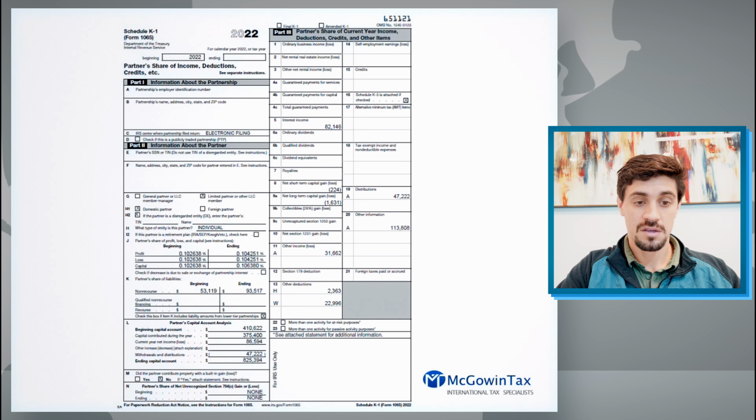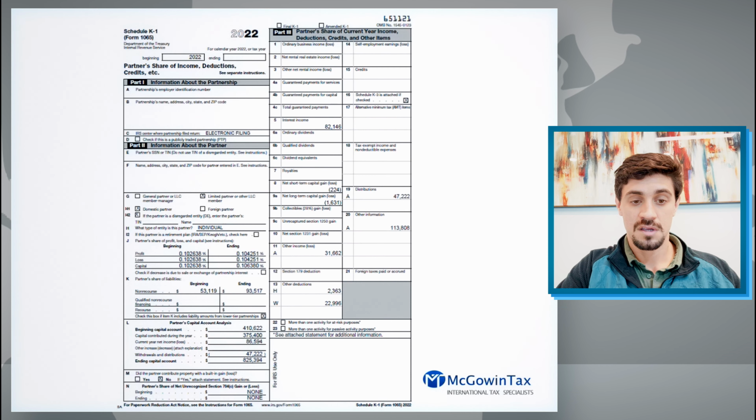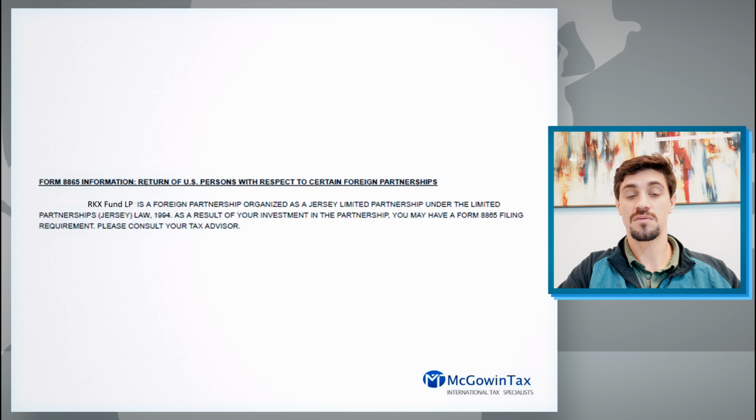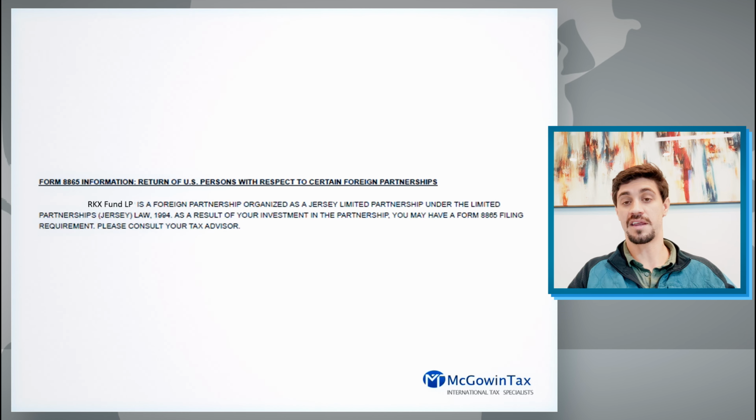And then you look down at the capital account, we see there's a big contribution of $375,000 during the year to this partnership. So that already gives us a little bit of information. Then we would go to the K-3, and box 12 would tell us we had an 8865 footnote.